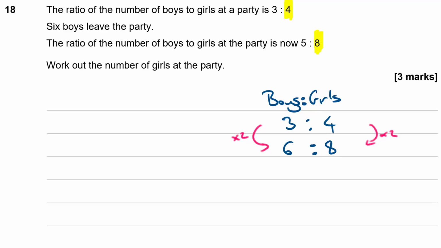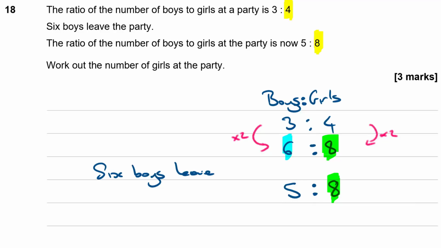Okay, so we're told that 6 boys leave the party. And then we've got a new ratio of boys to girls of 5 to 8. Now notice that this 8 here and this 8 here are the same, so the number of shares for girls is the same, and the boys has gone from 6 to 5, so it's reduced by 1.